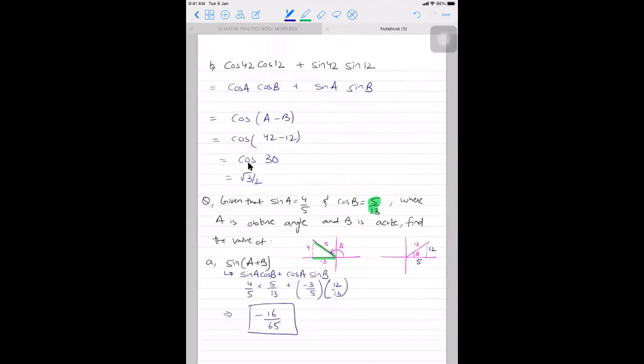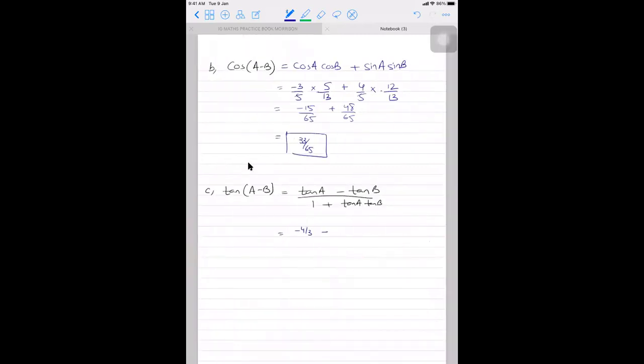Tangent of B is going to be 12 upon 5. So 1 plus tan A tan B. We need to solve this further. Please check if you're getting this.